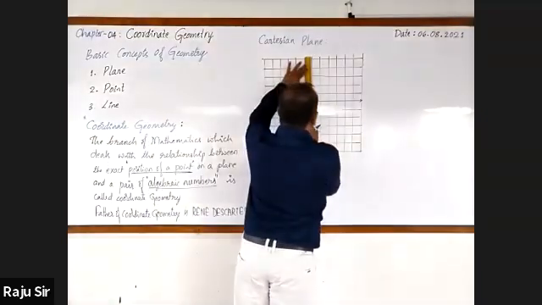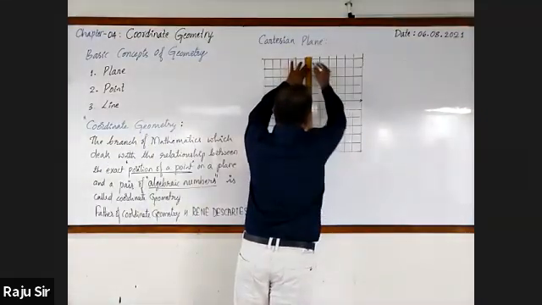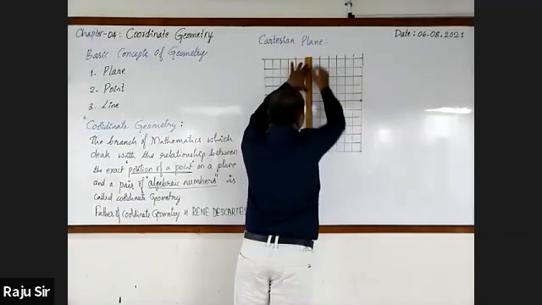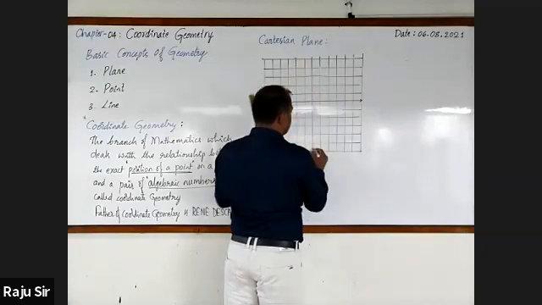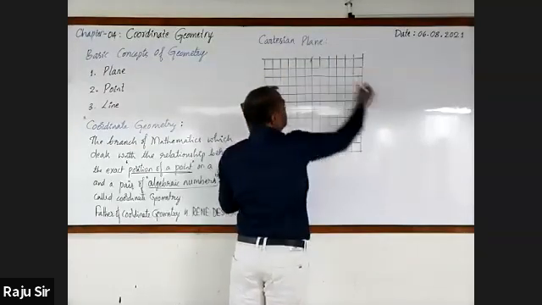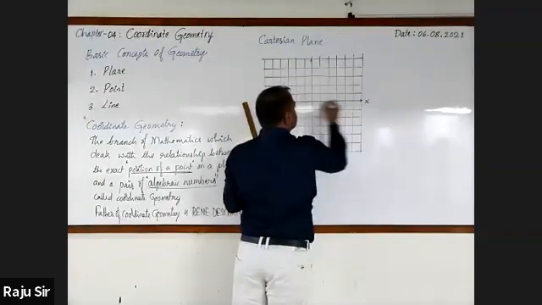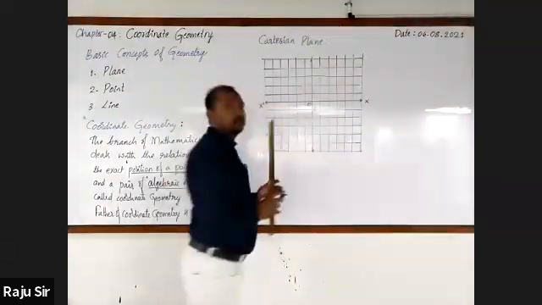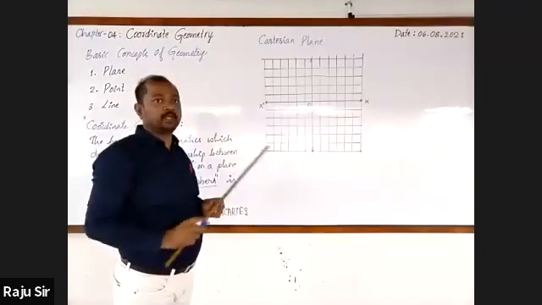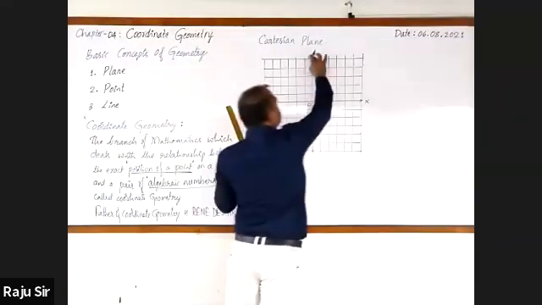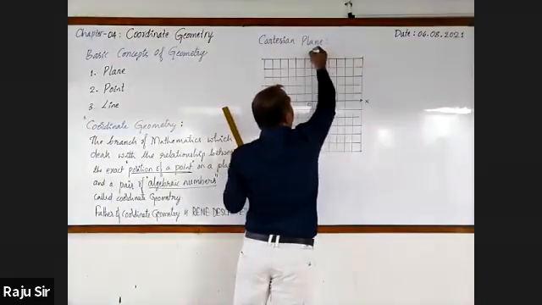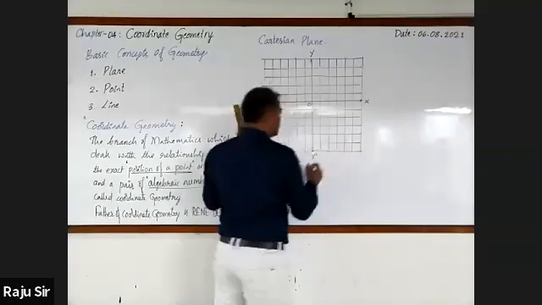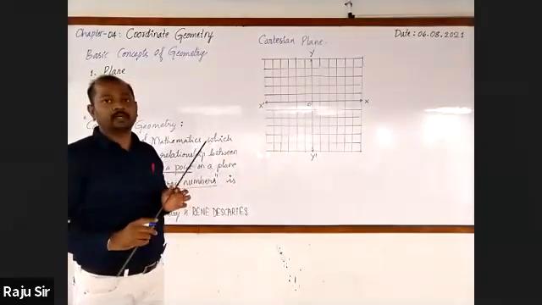Next, the vertical line is called the y-axis. Again, I am drawing with blue color. Name them X, O, X dash; it should be capital. The vertical line is called the y-axis and is represented as Y, O, Y dash.